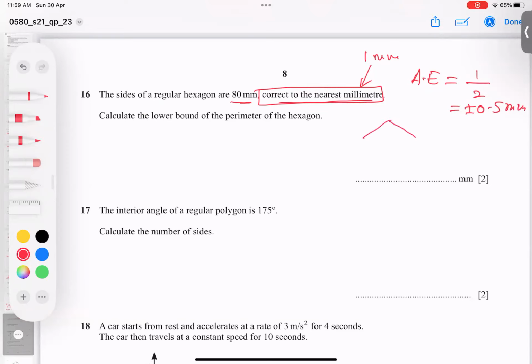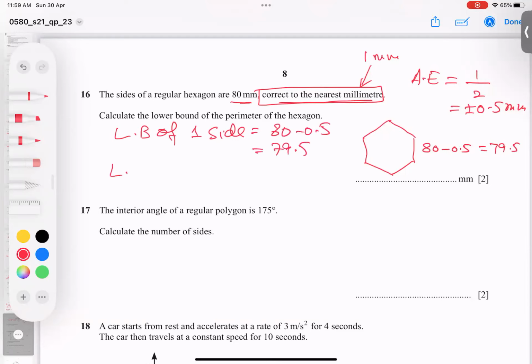Hexagon means a 6-sided figure. So each side is 80 millimeters. If I subtract 0.5 from one side, 79.5 is coming. So it means the lower bound of one side is very clear. From 80, subtract: upper bound add, lower bound subtract.